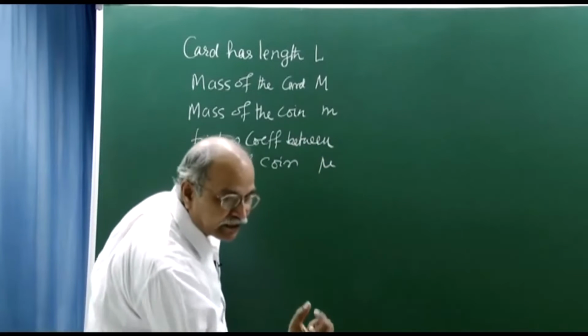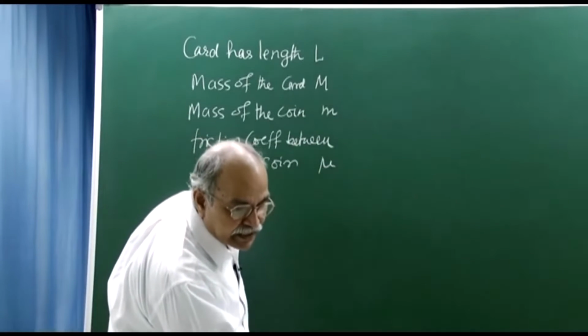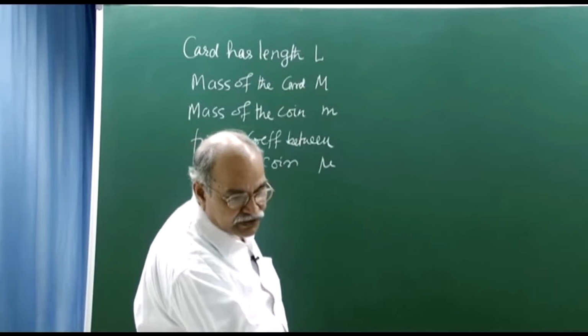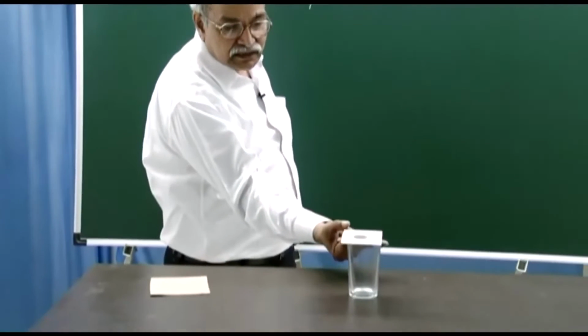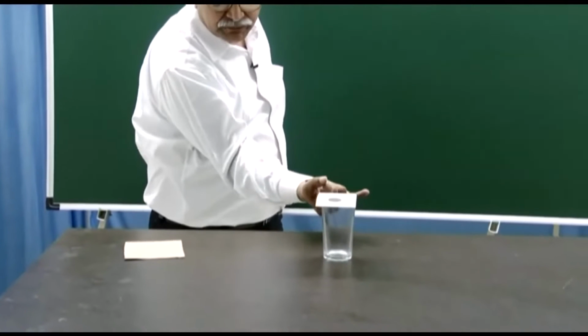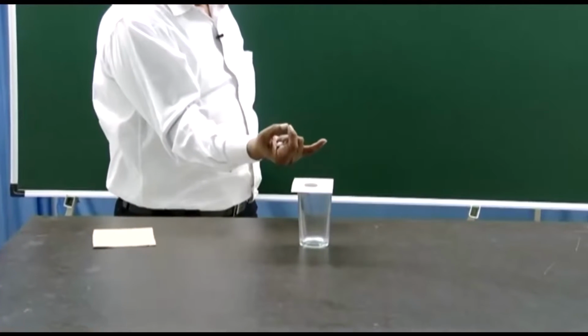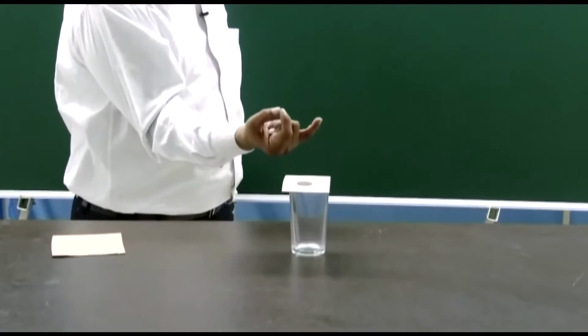Then I am flicking. What is flicking? Flicking means I exert a horizontal force on the card. Some force capital F is applied for a very short time delta t.